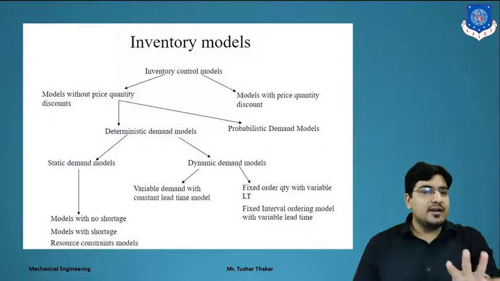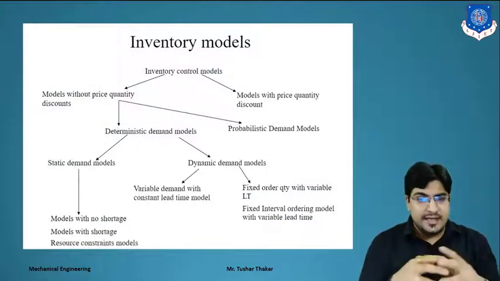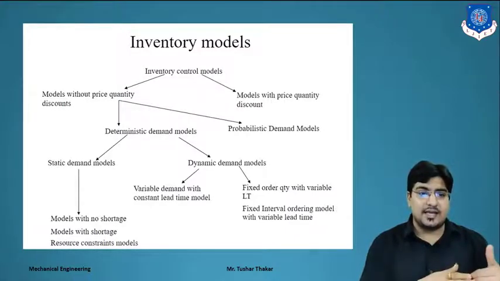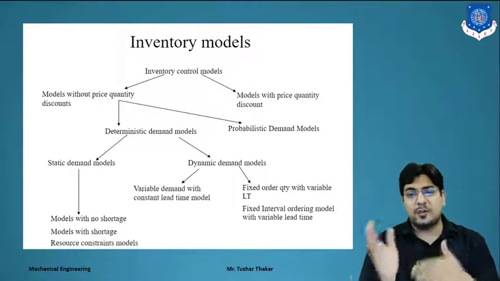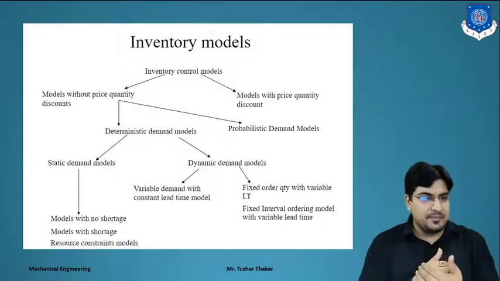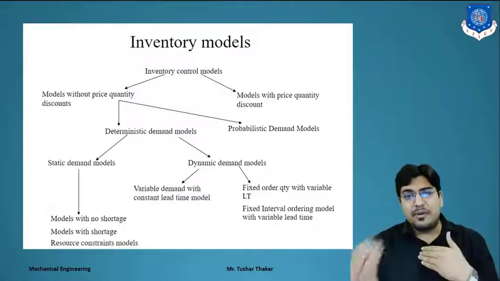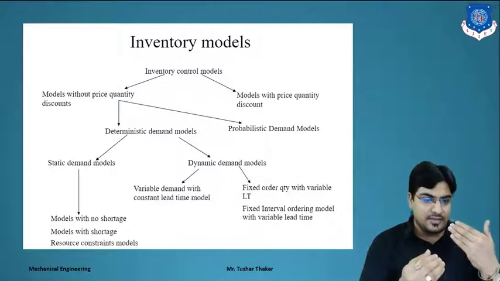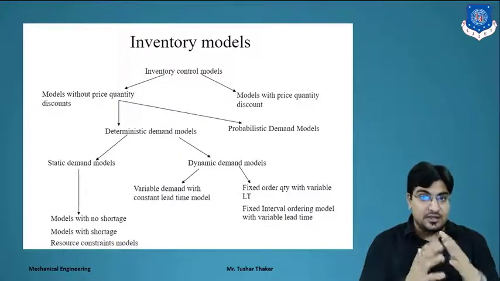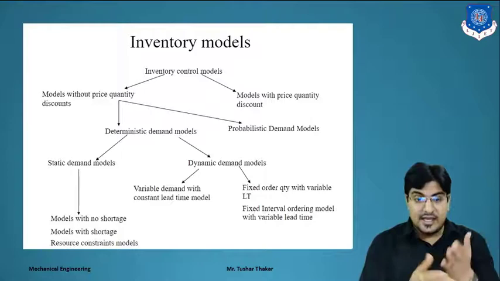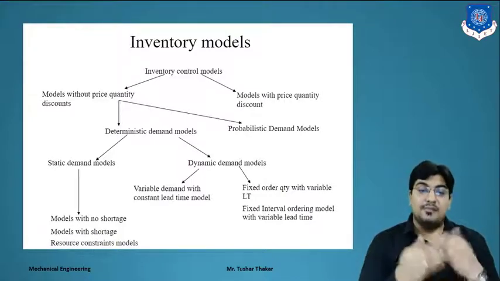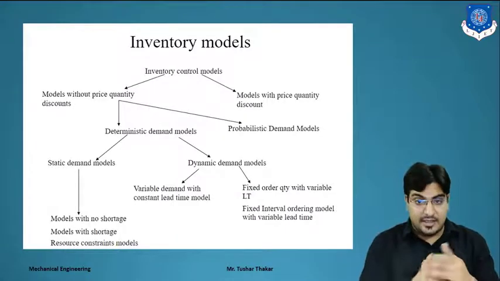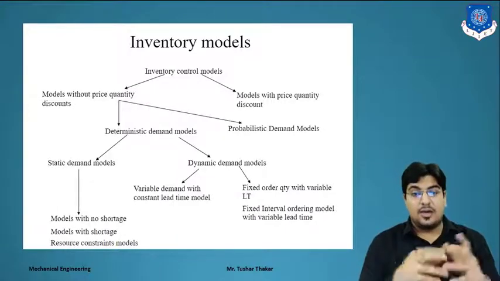These are the basic inventory models we have to learn in detail: models without price quantity discount, models with price quantity discount, deterministic demand models, probabilistic demand models, static demand models, dynamic demand models, models with no shortage, models with shortage, and resources constant models, variable demands with constant lead time, fixed order quantity with variable lead time, and fixed interval ordering model.